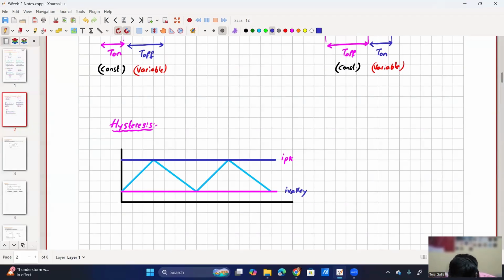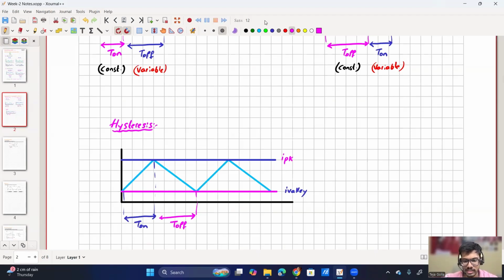Both are coming from the loop. We don't have control on either the on time or the off time, so both are varying. This is T on and this is T off. Both are coming from the loop. Whenever it is hitting either the peak or the valley, that decides the off time. So we are not fixing the on time, the off time, or the time period. All are variable. On time is varying, off time is varying, as well as of course the time period is varying.